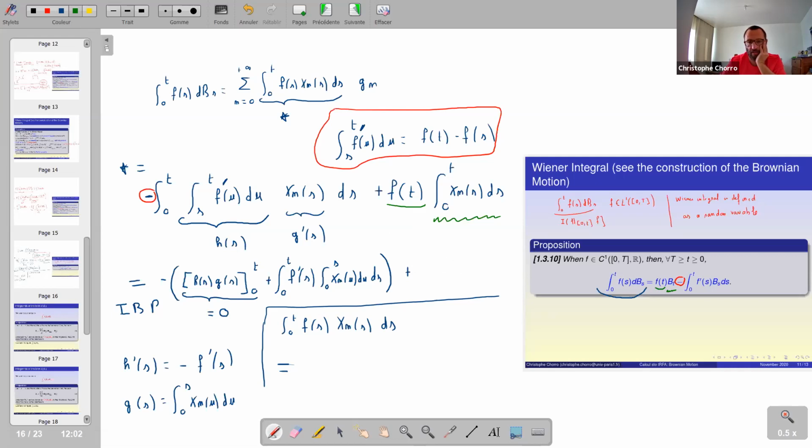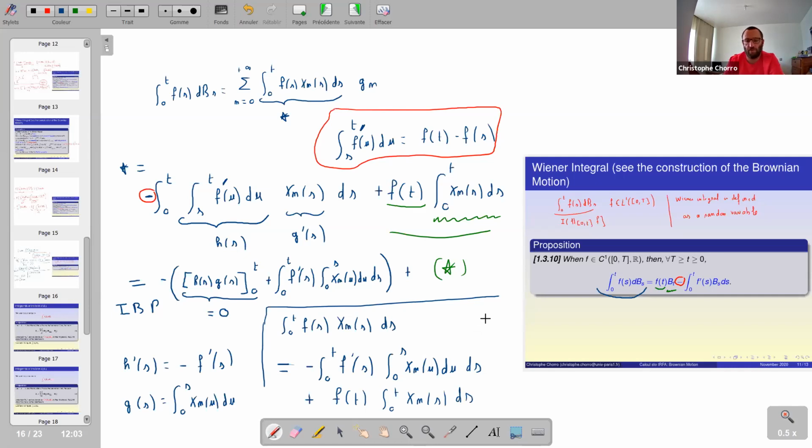So this integral is equal to minus the integral between 0 and t of f prime of s times the integral between 0 and s of Kn of u du, ds, with the minus coming from this one, plus the term in green, plus f of t times the integral between 0 and t of Kn of s ds.